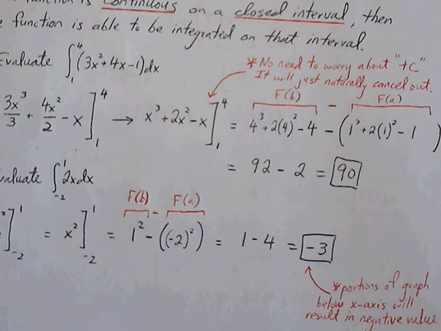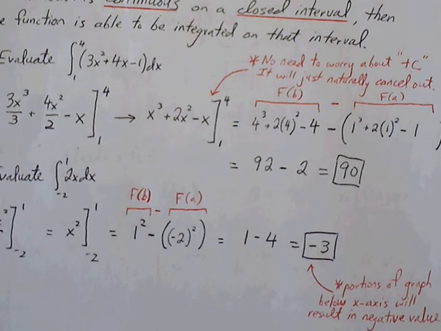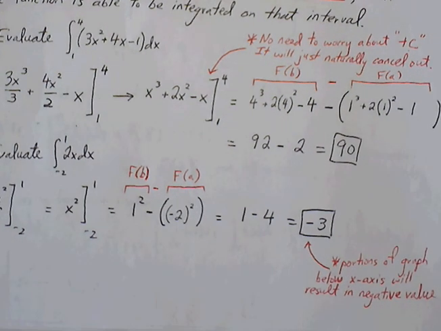Now, -3 is not necessarily going to be the area, because anytime you have portions of the graph below the x-axis, that's going to result in a negative value. So if you have portions of the graph that are above the x-axis and another portion that is below the x-axis, we're going to have to find the integral separately if we want to find the area of all those regions between the curve and the x-axis.